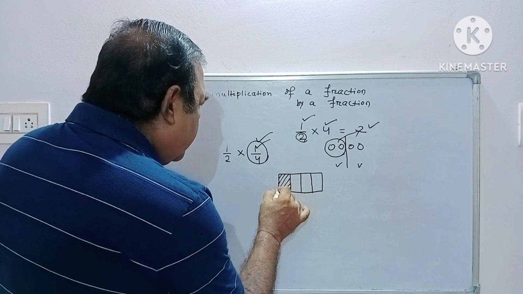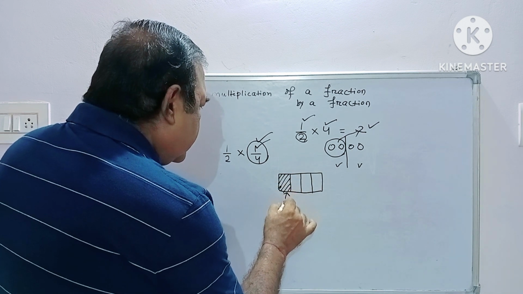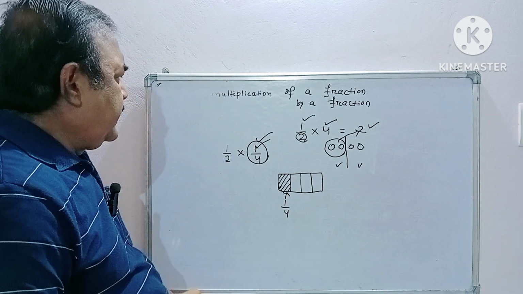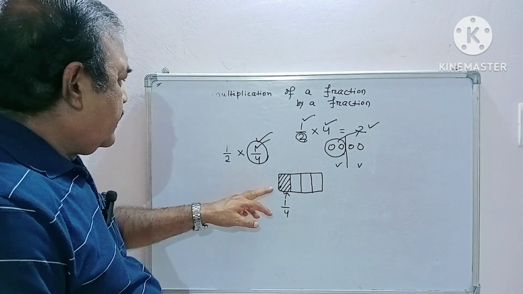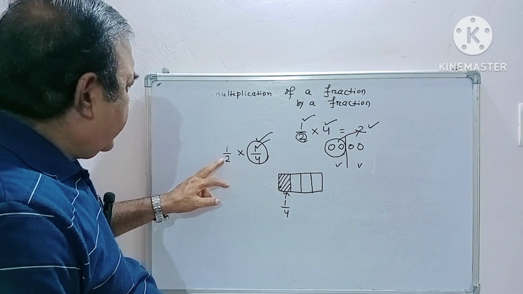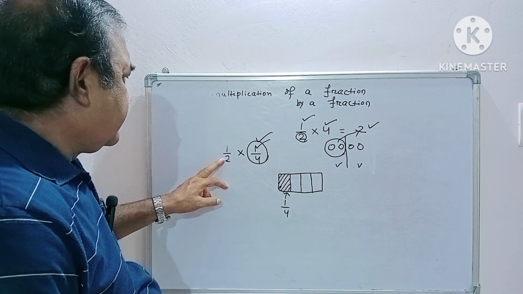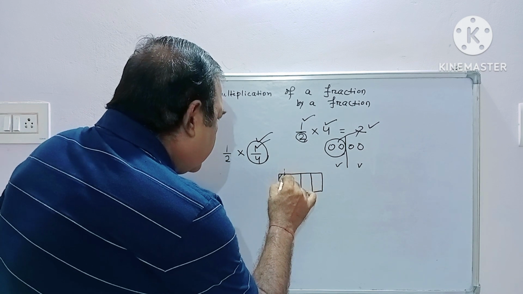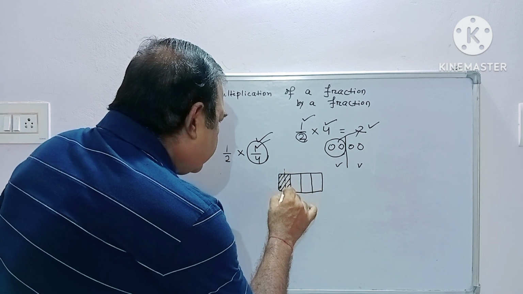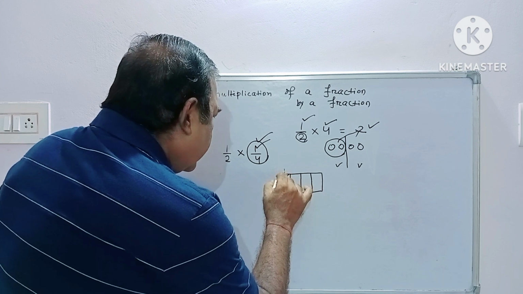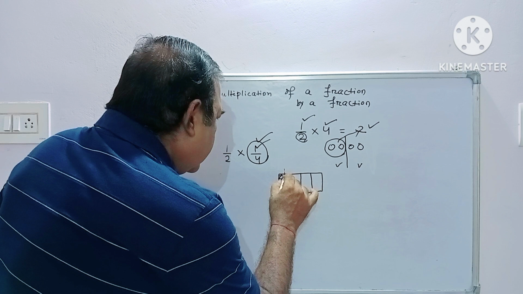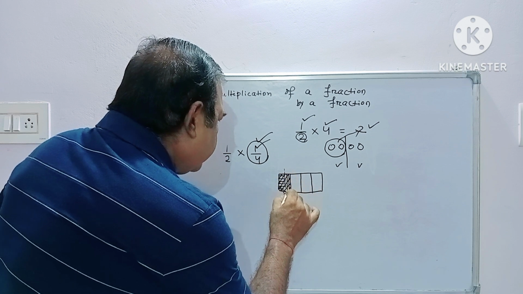So first I knew this is 1 upon 4. Then you see, this part will be divided into 2 equal parts. If I want to divide this part into 2 equal parts, one is this part and the other one is this part.